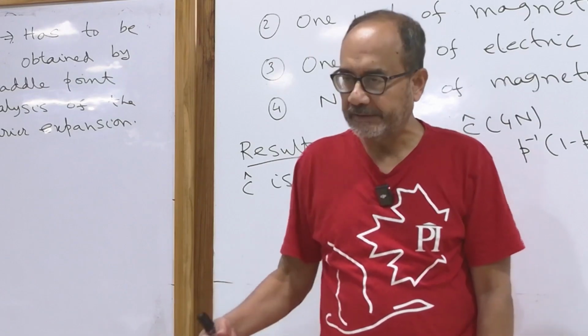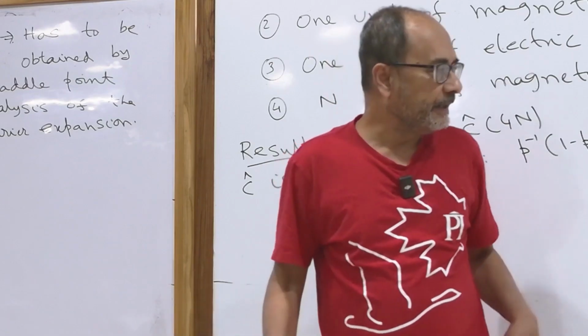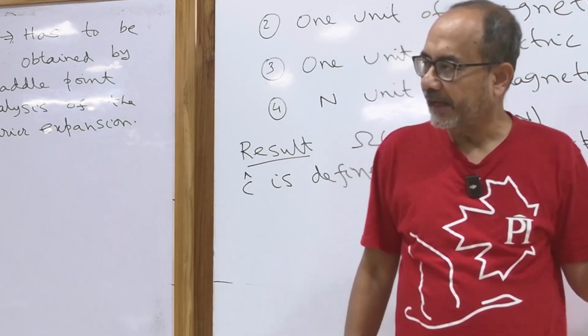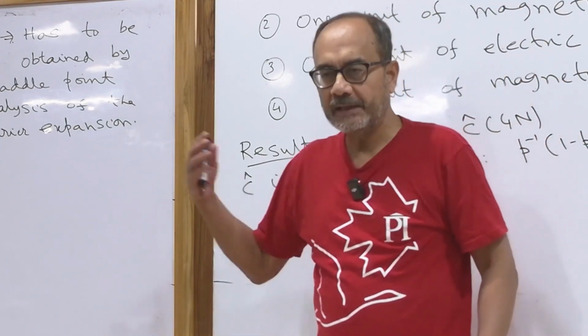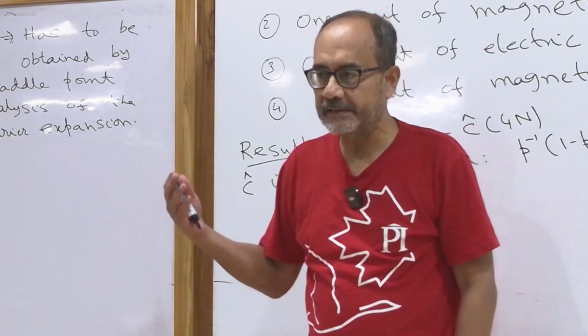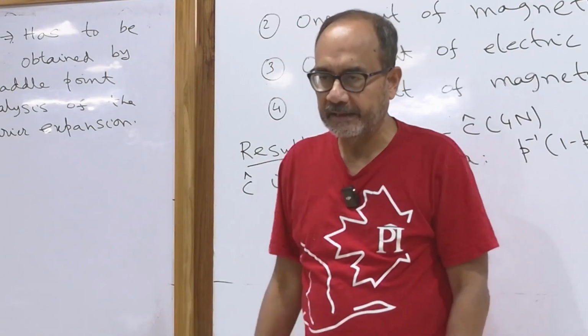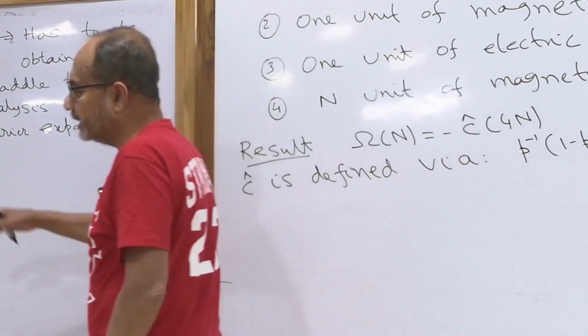But that's not very efficient. The efficient way is to rewrite this c hat as Fourier integrals of this function, and then analyze that Fourier integral using a saddle point method, a steepest descent method, and that's what leads to this formula over here.